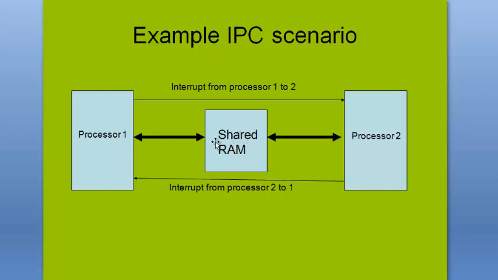This memory can be one block or a group of flags. Processor 1 can write some data to the shared RAM and indicate through inter-process communication. Let us say this shared memory block is protected using a semaphore. It can indicate to the other processor using the semaphore, so that the other processor can read the data and process it.